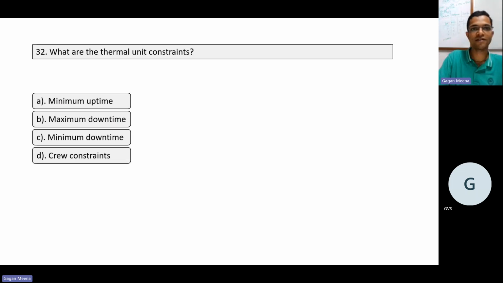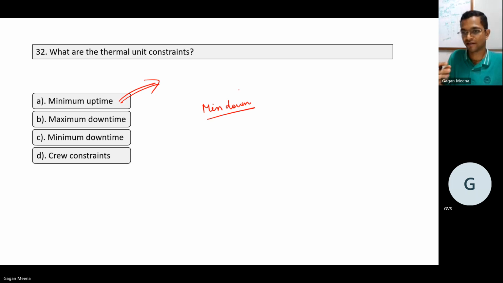And what are the thermal unit constraints? Minimum uptime is one constraint, because if a thermal generator is on for economic reasons, it has to be on for a certain duration. There is no maximum uptime, but there is a minimum uptime. And similarly, there is a minimum downtime also. Once it is off, it will not come up for a certain duration of time.